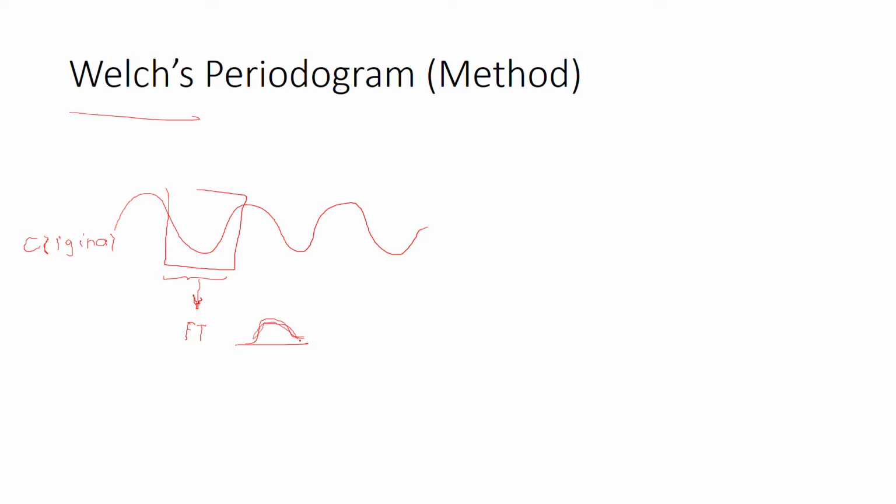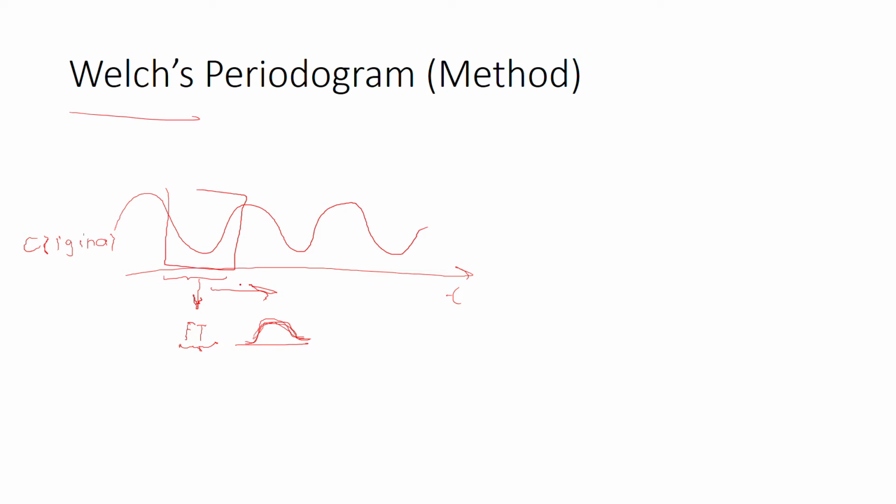The segment is multiplied by it, and then the Fourier transform is computed. Then you move forward through time, sliding the window, and probably you will have overlapping or no overlapping, depending on the case.